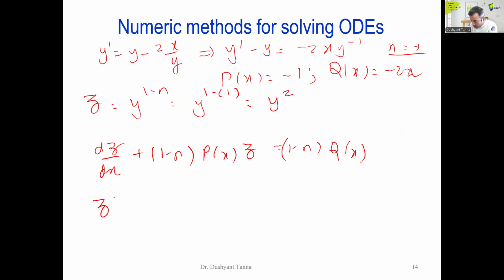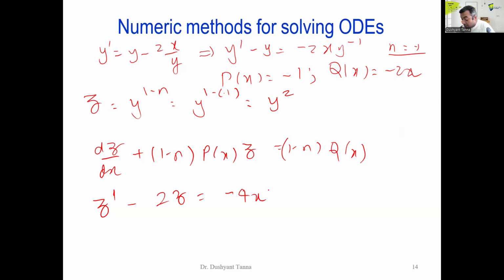You plug all the values, I'll call it z dash. n being minus 1, this is like 2. Your P(x) is minus 1, so can I say minus 2z is equal to 2 times minus 2x, that will be minus 4x.